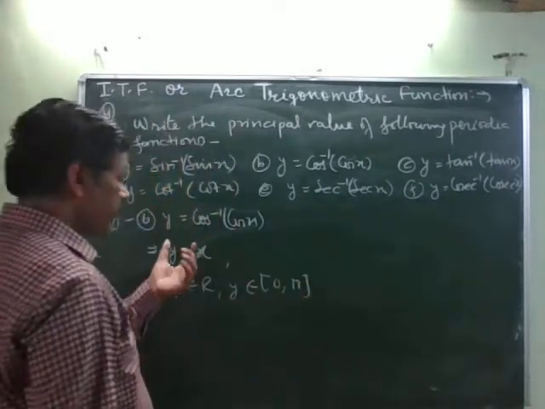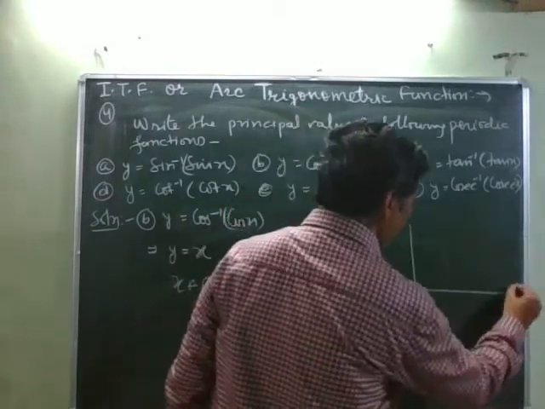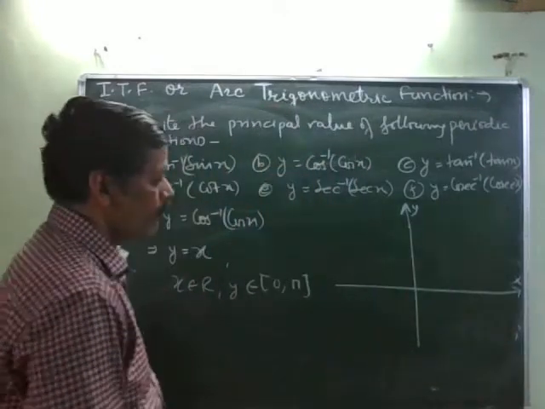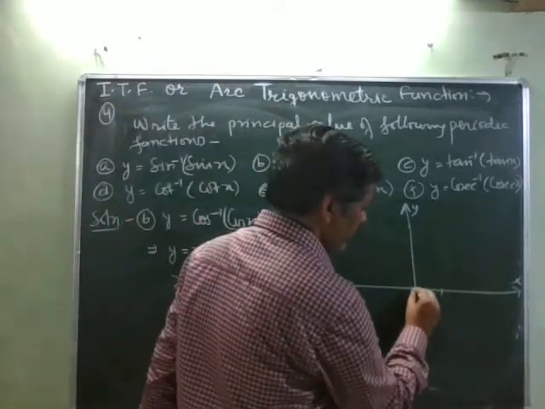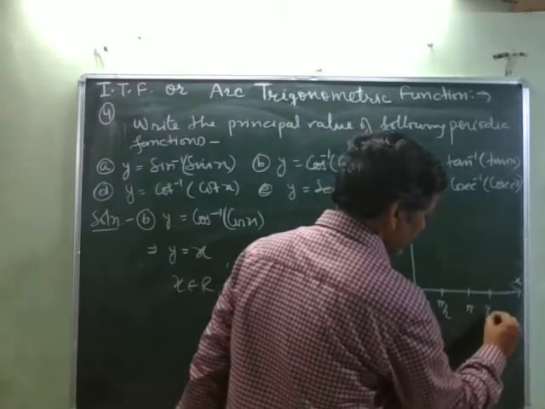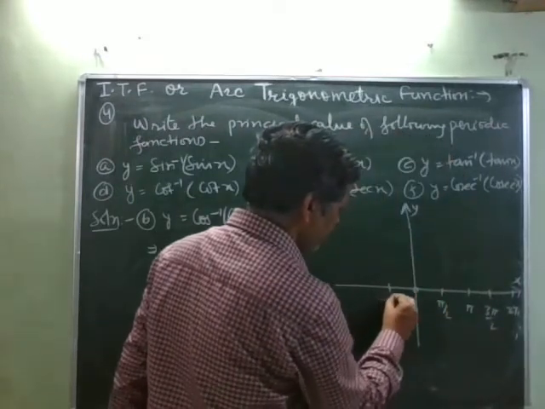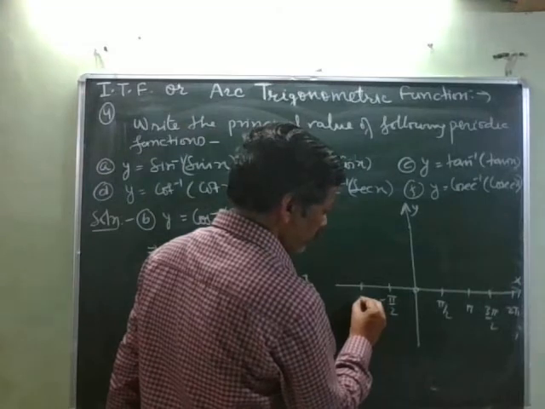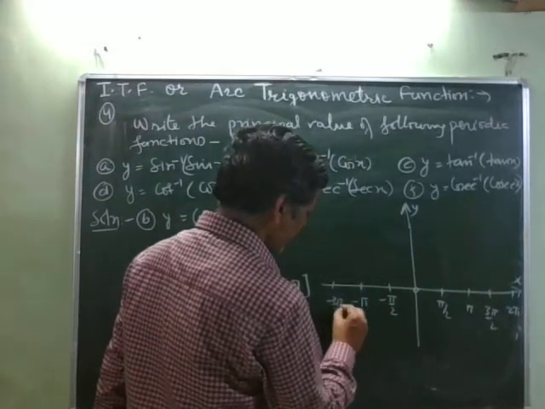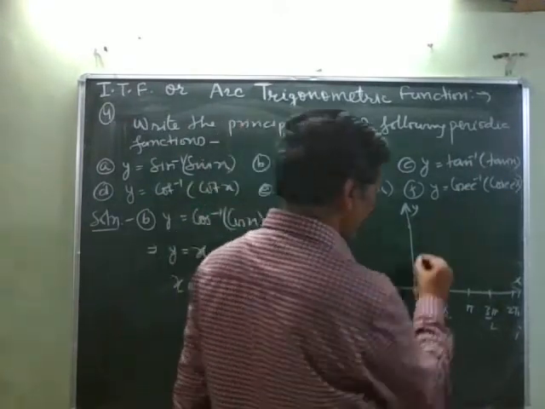If we plot the graph, it is a repetitive function. If we plot the graph, we will get it is 0, pi by 2, pi, 3 pi by 2 and 2 pi. In the same way, minus pi by 2, minus pi, minus 3 pi by 2 and minus 2 pi.